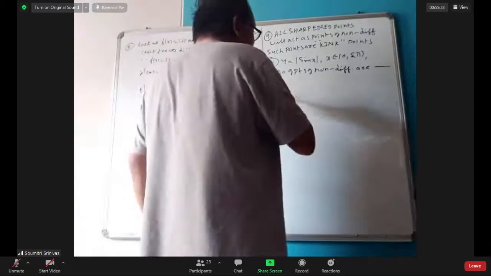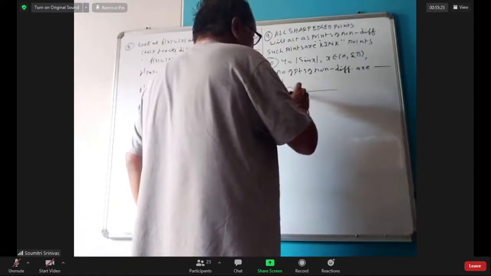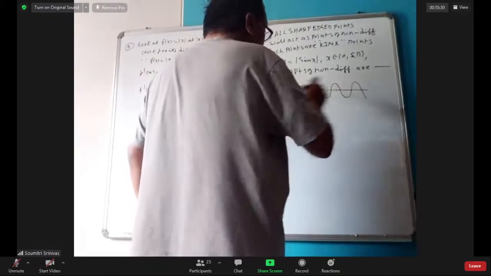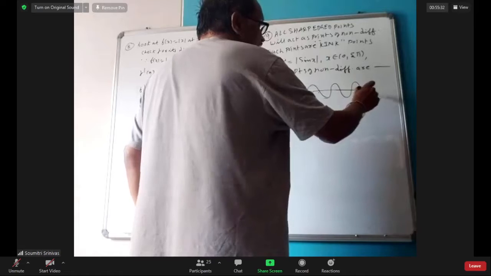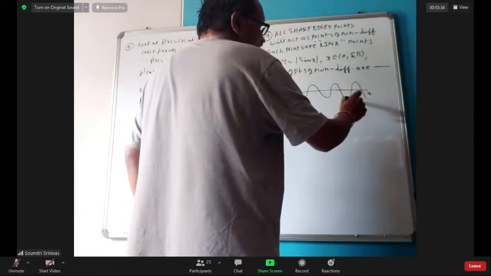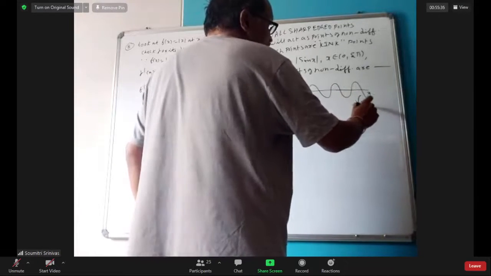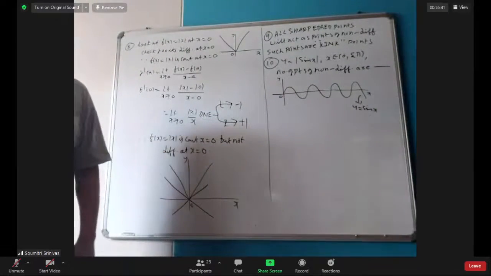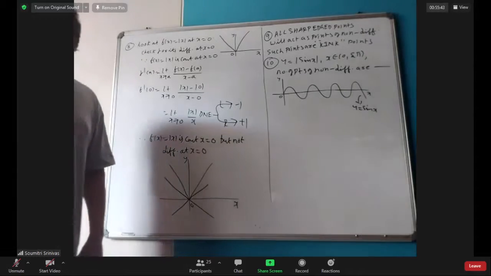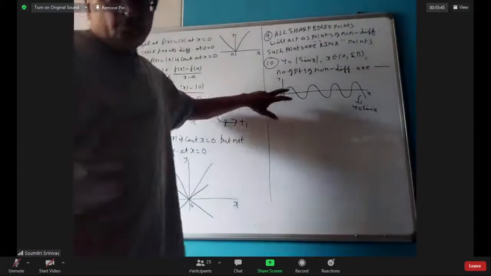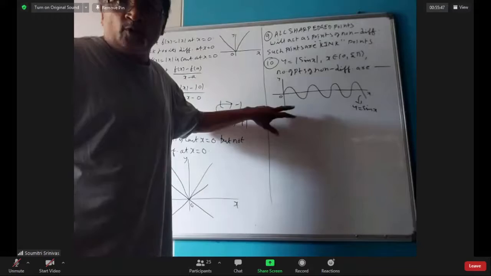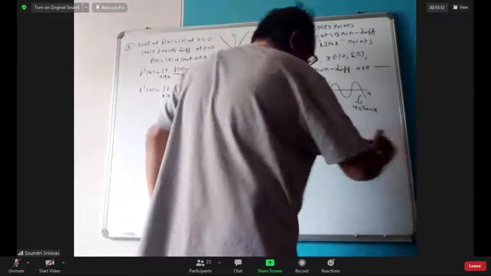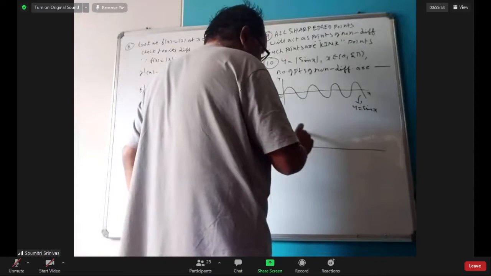How is the sin x graph? From 0, the curve. Correct? Yes, sir. This is the curve of y is equal to sin x. How is y equal to mod sin x? All curve below the x axis comes up. The below portion will go above. How will mod sin x be?